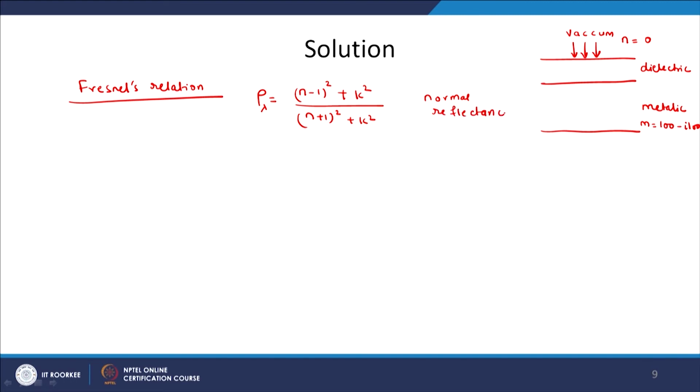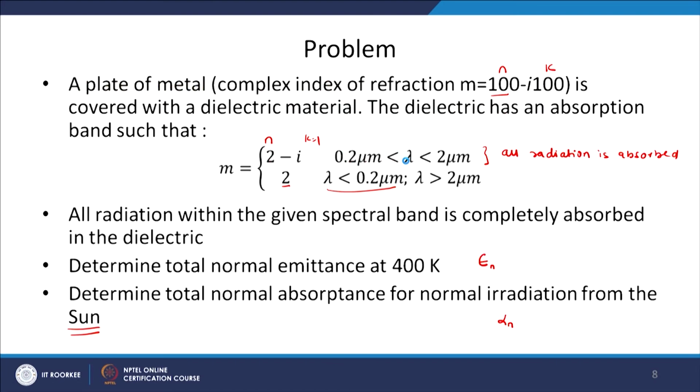Now, I will call this medium 0, this medium 1 and this medium 2. So, rho 1 2 is the reflectance at the interface between 1 and 2. It is given by n 2 minus n 1 squared plus k squared over n 2 plus n 1 squared plus k squared, where 100 is the real part of the metallic substrate and 2 is the real part of the dielectric.